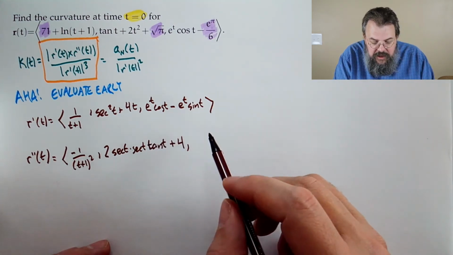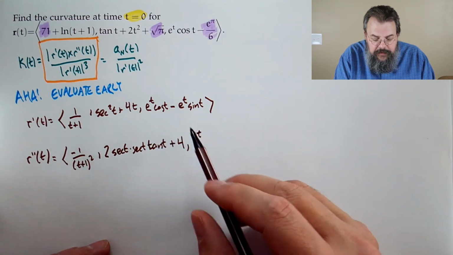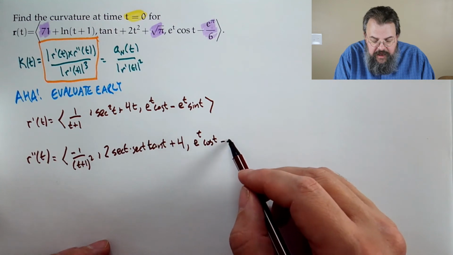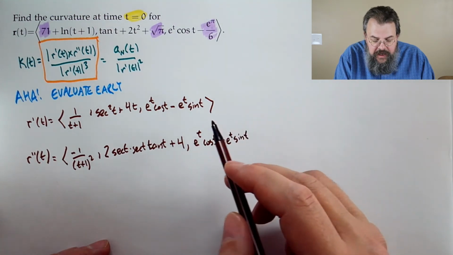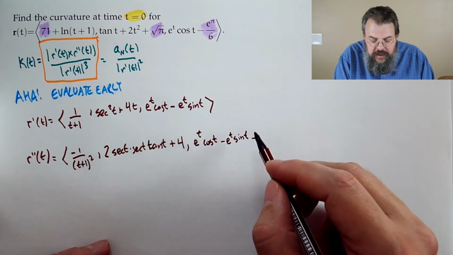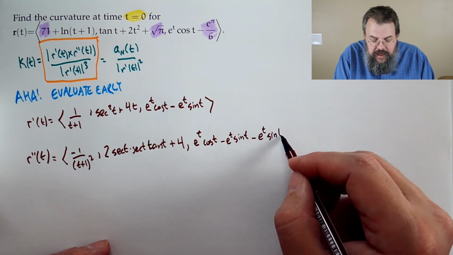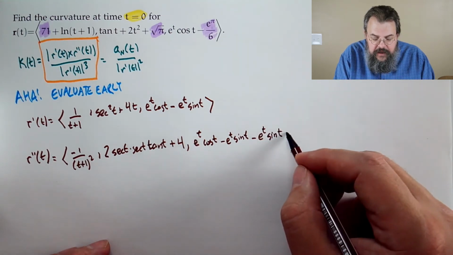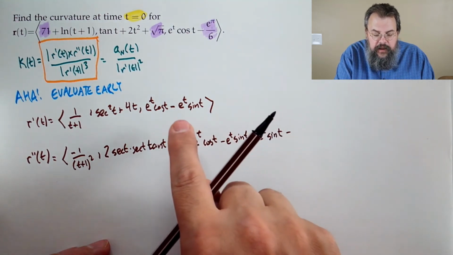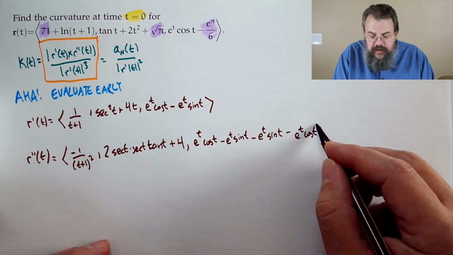And okay, derivative of e to the t cosine t: that's e to the t times cosine, and then e to the t times derivative of cosine, that's minus e to the t sine t. Then derivative of e to the t is e to the t, and sine t stays the same. Then we subtract the derivative of the first times the second, e to the t sine t, and the first times the derivative of the second, so that's e to the t cosine t.